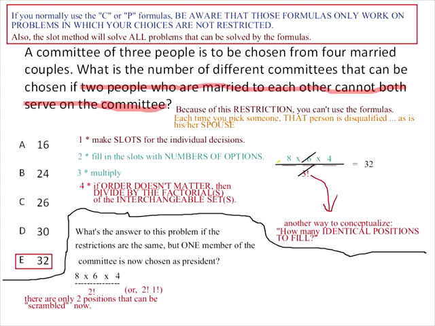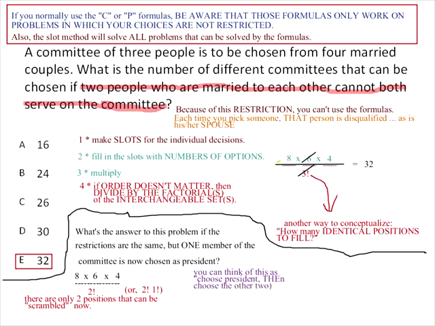If you want, you can also separate the problem. A couple other ways you can formulate this. You can think of this as choose the president, then choose the other 2.